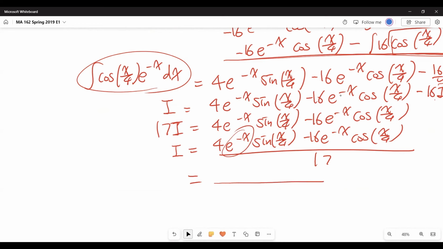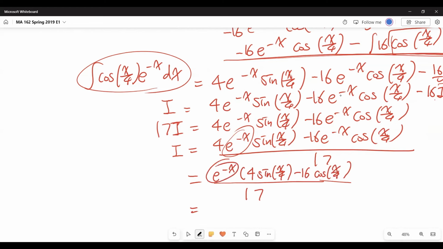Let's group it first, actually. Let's group the e to the negative x. This becomes e to the negative x times 4 sine x over 4 minus 16 cosine x over 4, over 17.